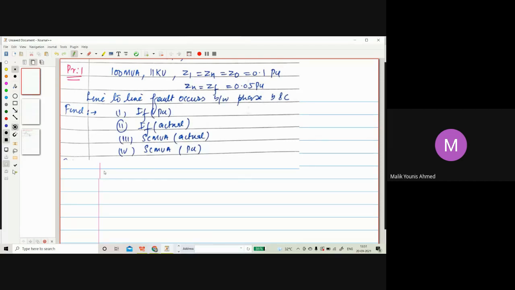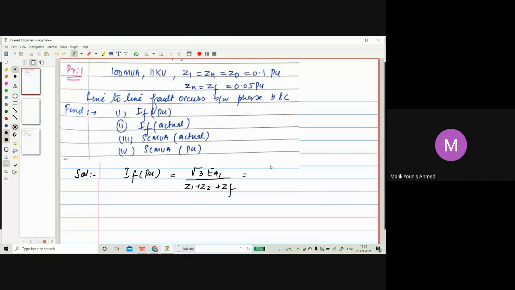Now, solution for this one is: we have fault current in per unit, we have seen last time, is equal to under root 3 EA1 divided by Z1 plus Z2 plus ZF.